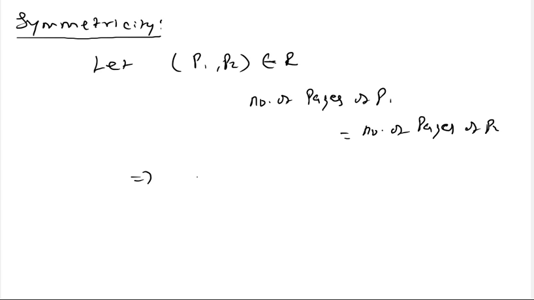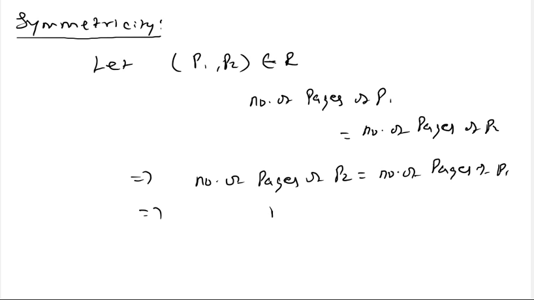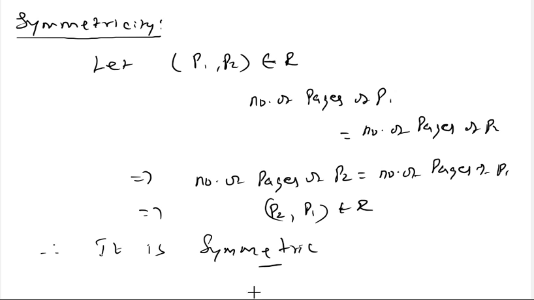By interchanging, the number of sides of P2 will be equal to the number of sides of P1. This concludes that P2 is a pre-image of P1 with respect to the relation R. So it is symmetric. Now we have to discuss the transitive nature, transitivity.